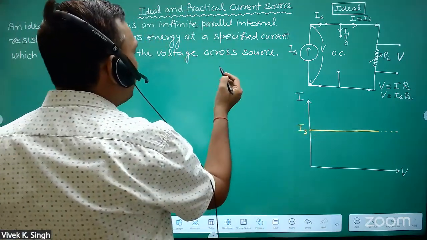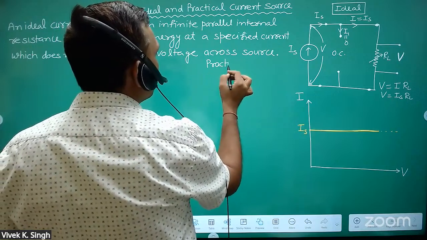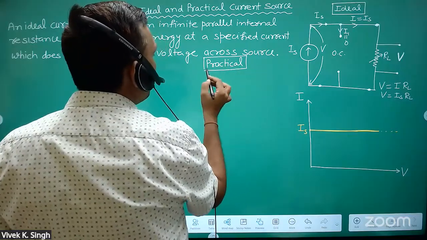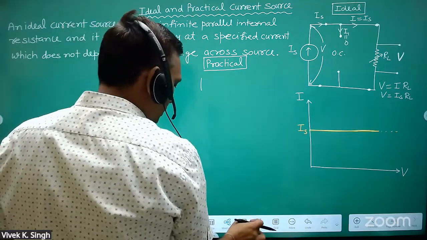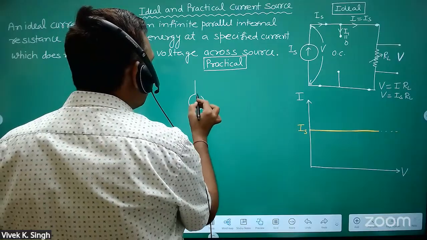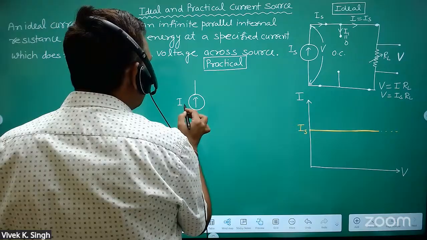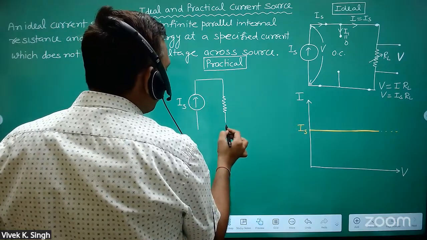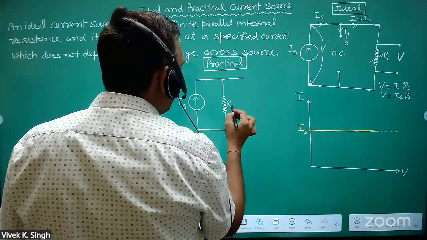But in reality, in practical case, what will happen? There is a very large parallel resistance. So this is RS. This is RP, parallel resistance here.